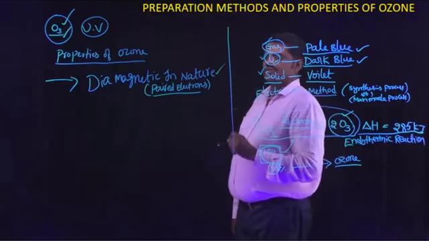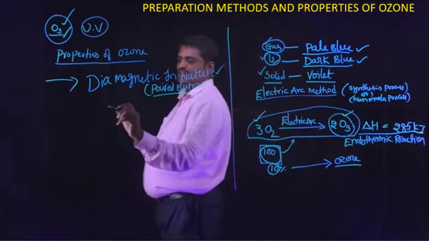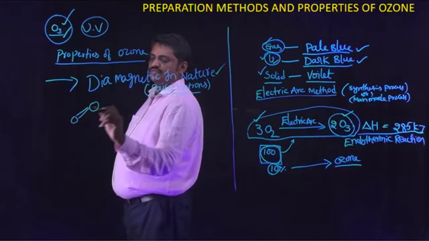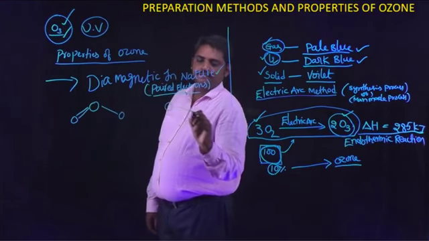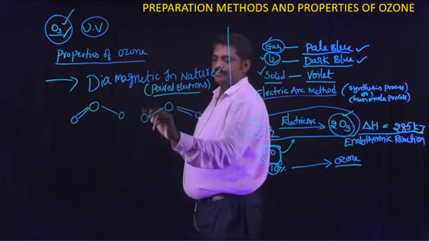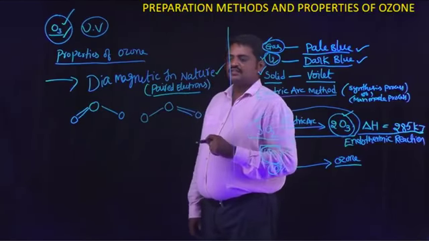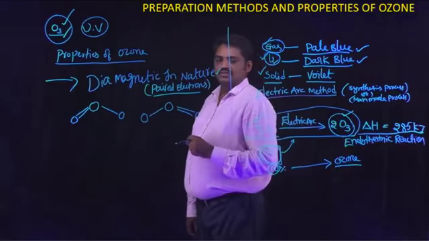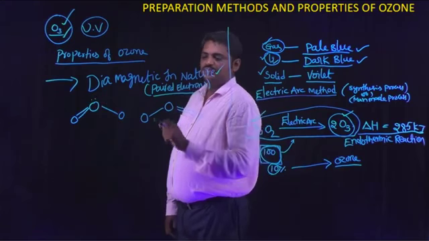And the next one, the ozone molecule structure. This is the angular structure. Oxygen contains 6 valence electrons, and this is the Lewis dot representation.